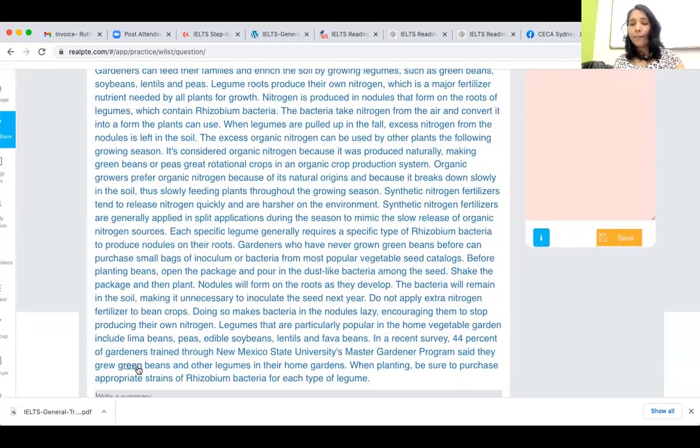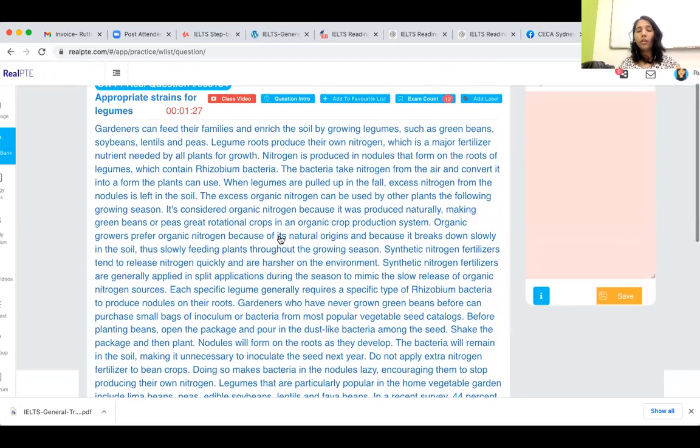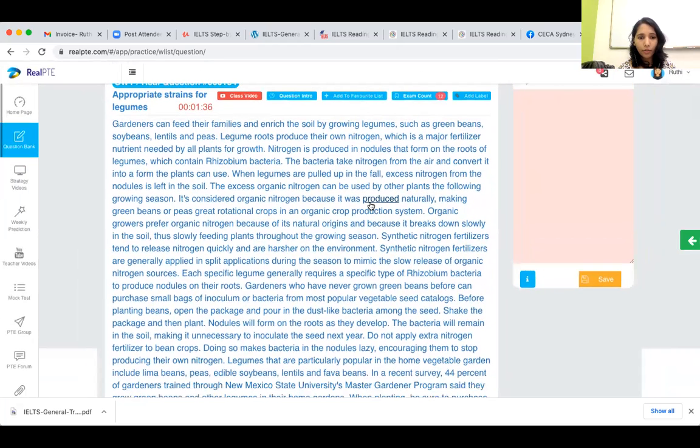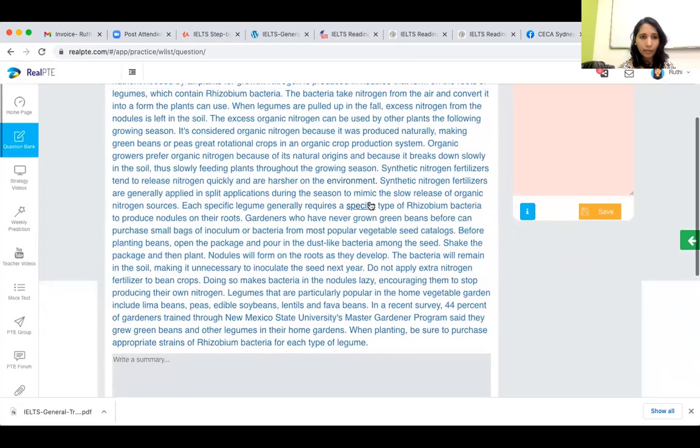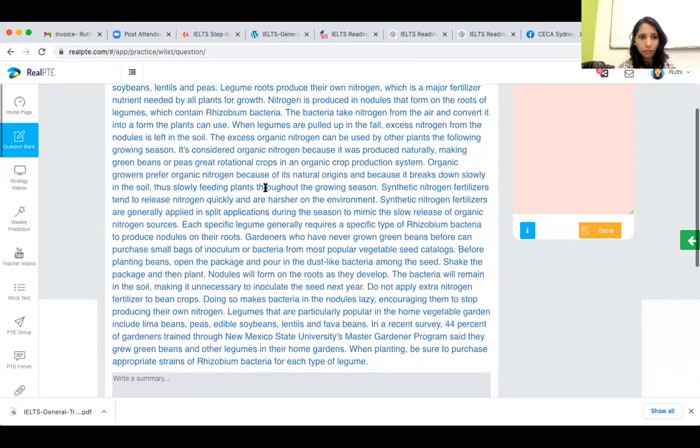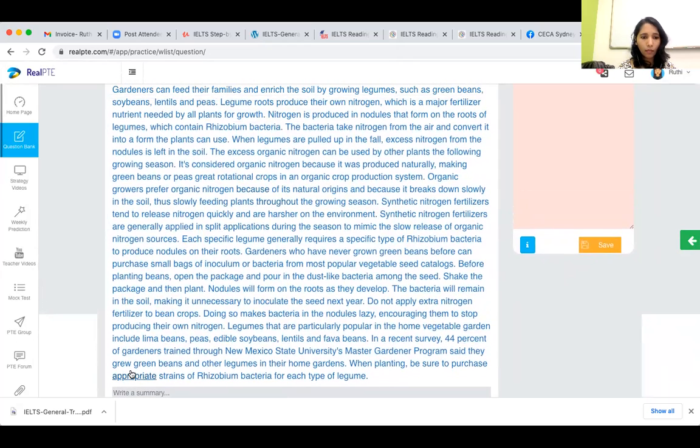So in your exam, there is an option to copy and paste, but I suggest that you type it in because there is a chance that your keystrokes can be recorded. Okay, so I'm going to type these sentences in. So start from here. This is my first sentence. I'll leave this or gardeners. Maybe I can take that.